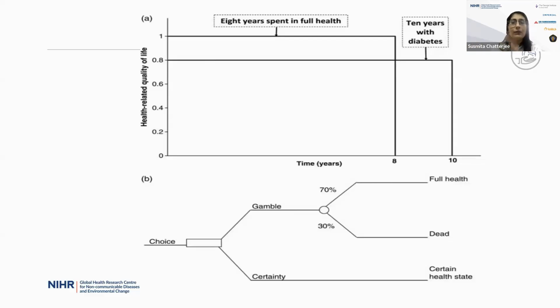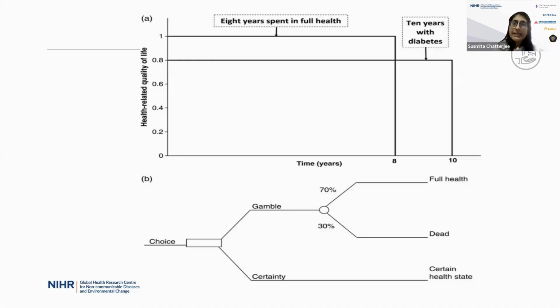Many other persons will rate other ways, right? So you are asking your study participants, you are giving them a lot of options. Your options for healthy life are changing. That means you are trying to see how many life years they want to sacrifice for living 10 years with diabetes. And in this example, the person said, I am happy to live 8 years without diabetes, like without anything.